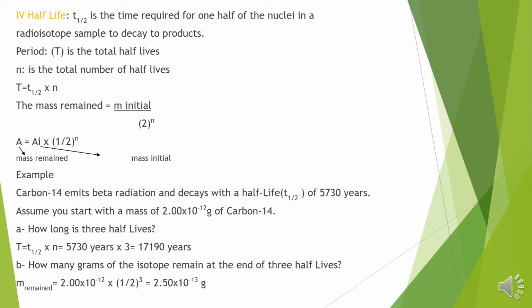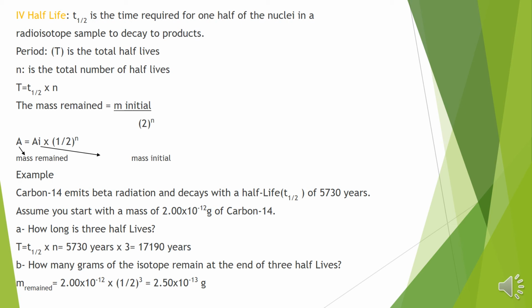The T, capital T, which is the period, equals T half times n. So we substitute the given. The half-life is 5,730 times the 3 half-lives. It is equal to 17,190 years.